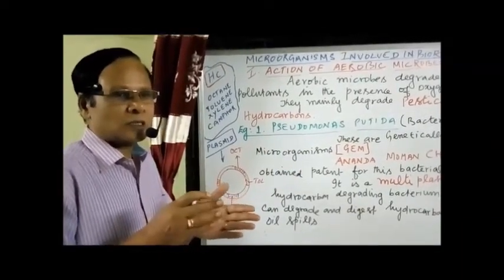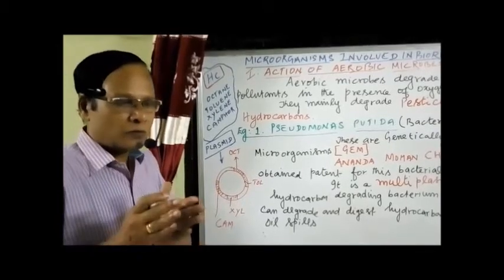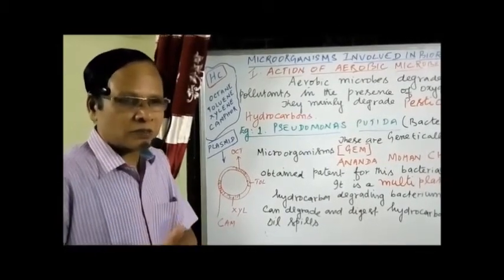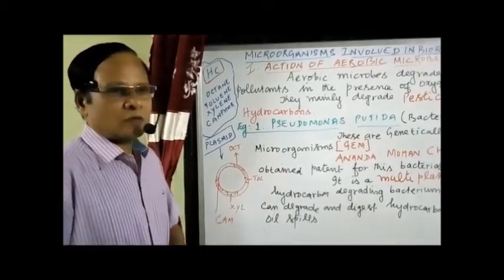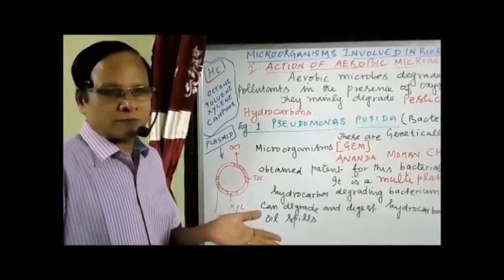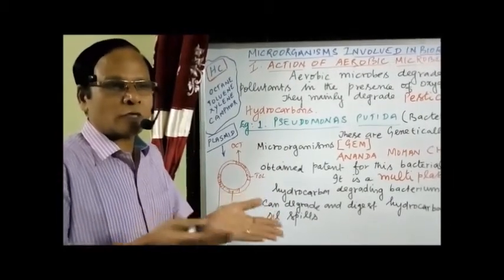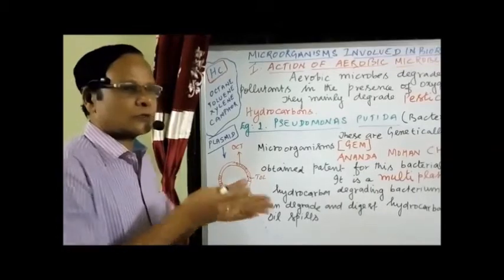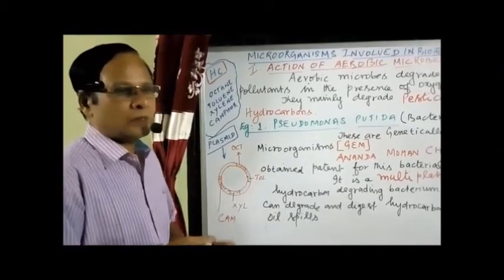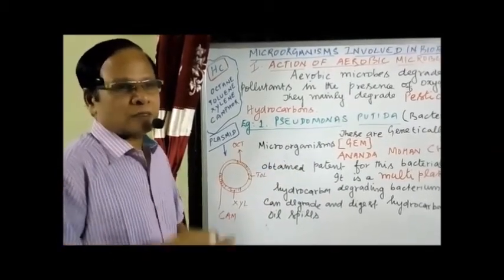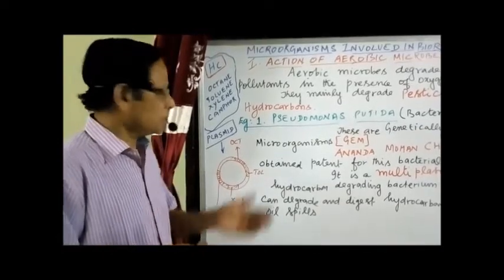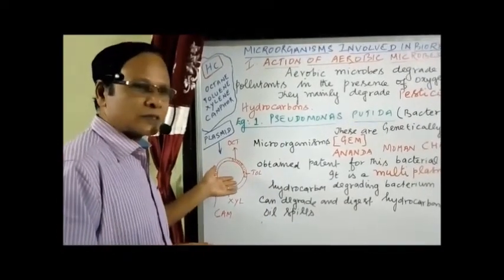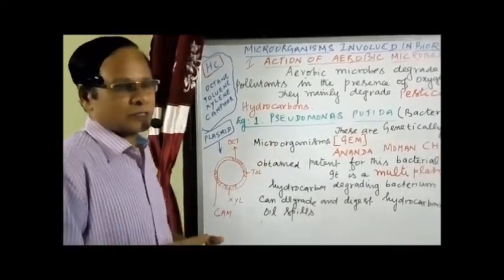Then the straw is dried. Now the dried straw contains this bacterium. Wherever we have oil spills, that is, leakage from a ship during transport from one place to another in the sea, they spread the straw. The straw contains the genes that digest hydrocarbons.